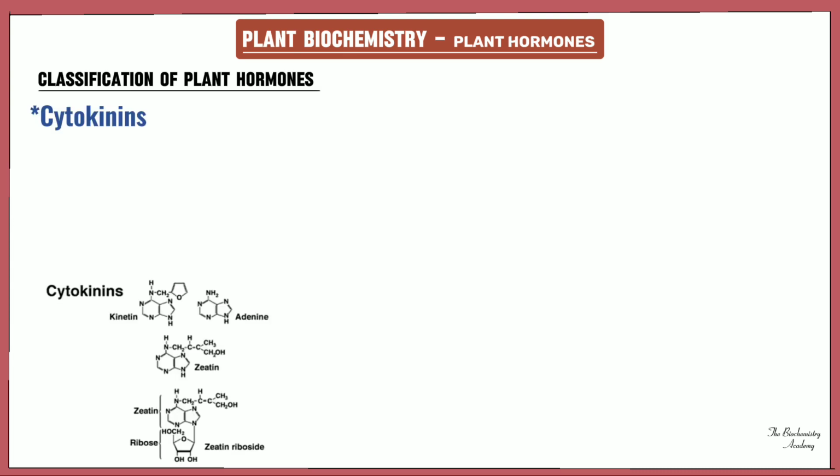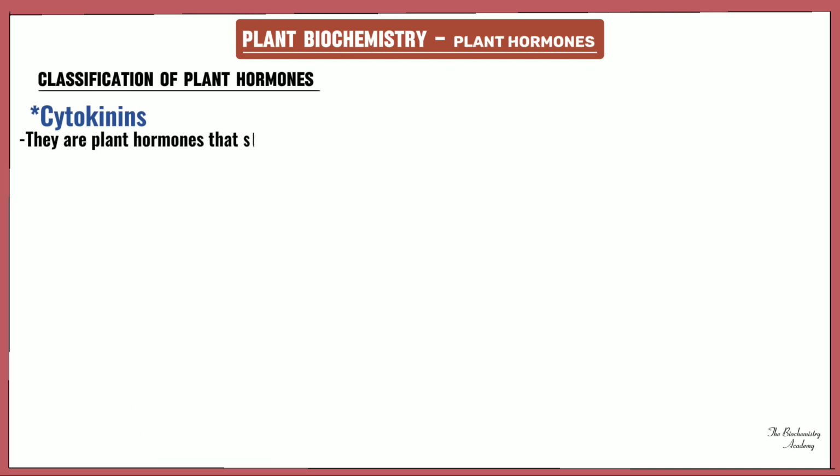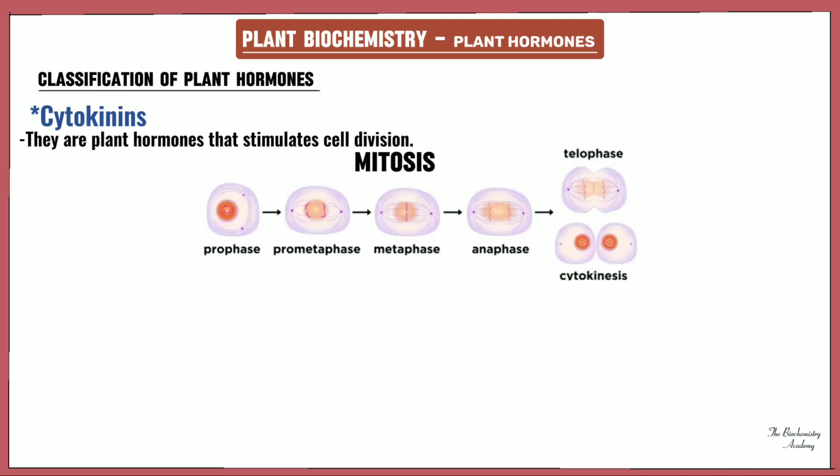Now, the next plant hormone is the cytokinins. They are hormones that stimulate cell division. They drive mitosis, the splitting of one cell to become two daughter cells. So these cytokinins are what stimulate cell division or mitosis.